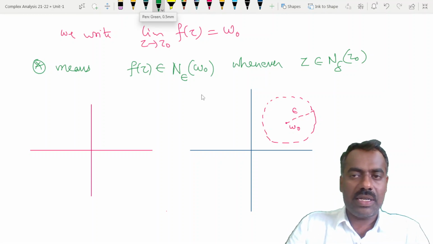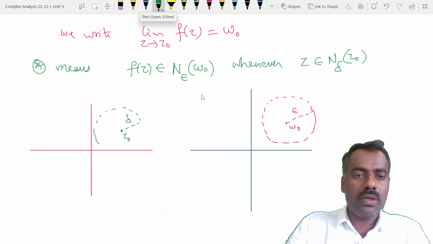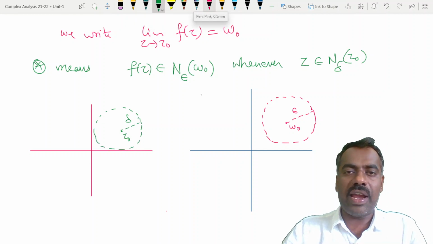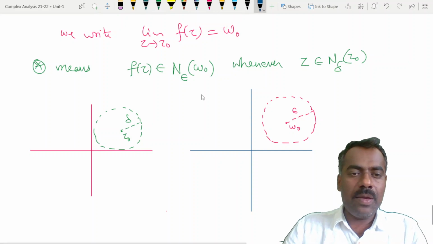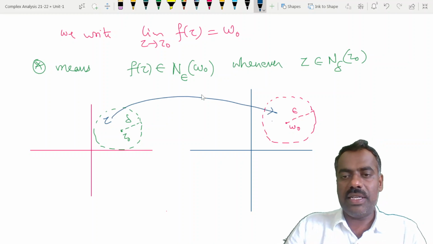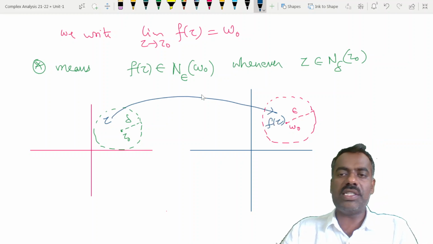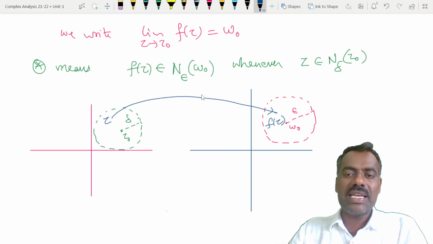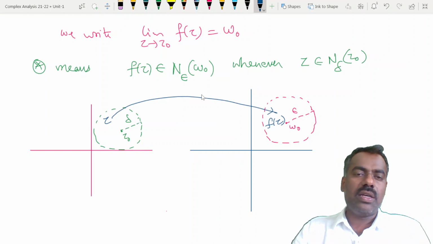Suppose you have some z naught here. We should be able to find some delta such that any point z you take in this neighborhood is mapped to f of z. Is that clear? Whenever z is here, then f of z is in this neighborhood.